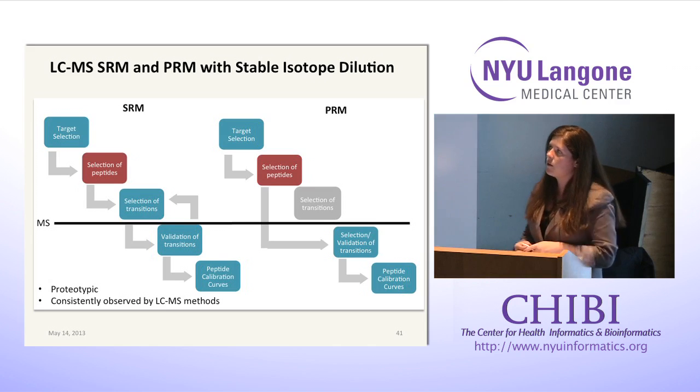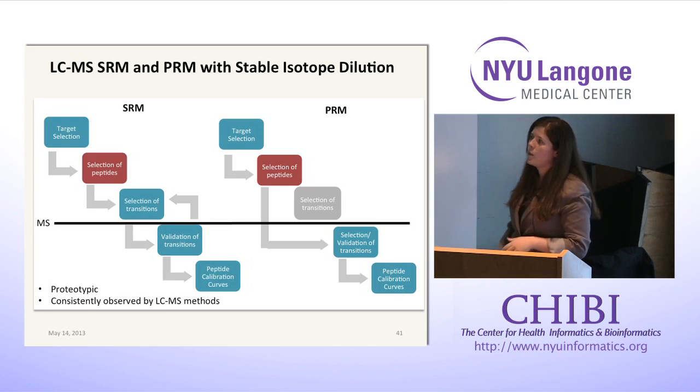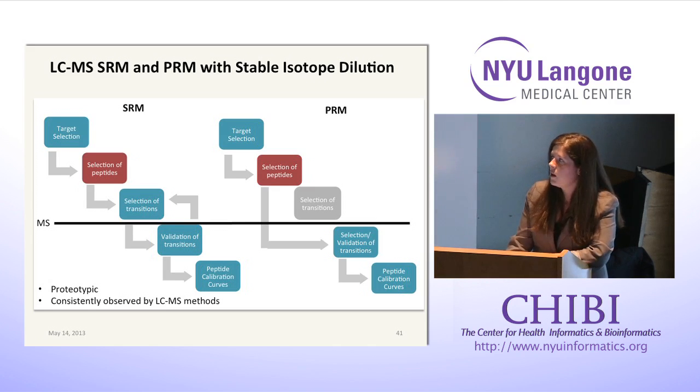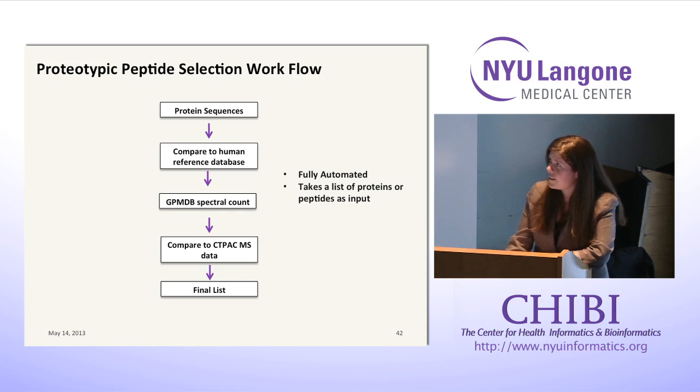So the peptides that we select have to be proteotypic, meaning that they only map to one gene, and also consistently observed by other mass spec methods. And this is the workflow. I'm going to go step by step through it. But this whole process is fully automated and can take either a list of proteins or peptides as input.